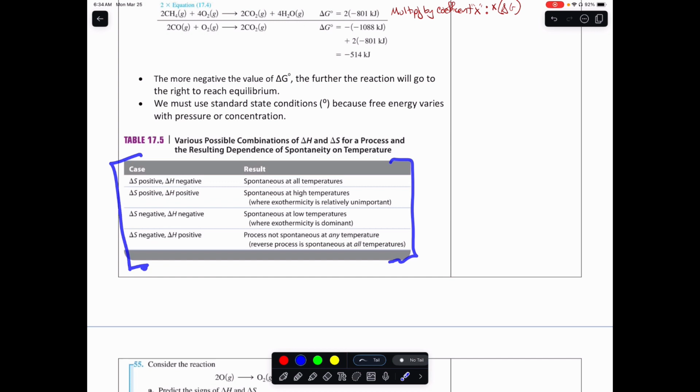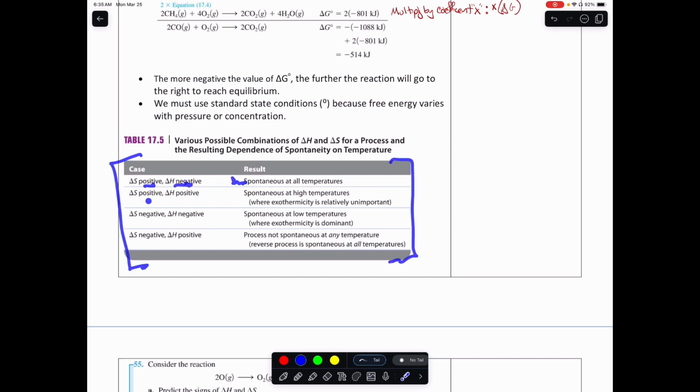You may recall that if entropy is positive, or the reaction is becoming more random, and delta H is negative, which means the reaction is also exothermic, then that reaction is definitely spontaneous, regardless of its temperature. And if you think about it, any chemical reaction that's giving off heat and becoming more random, those are very good signs that it's happening without any prompting.